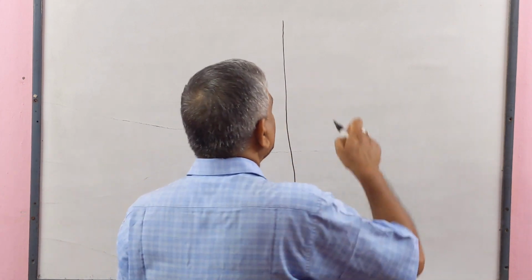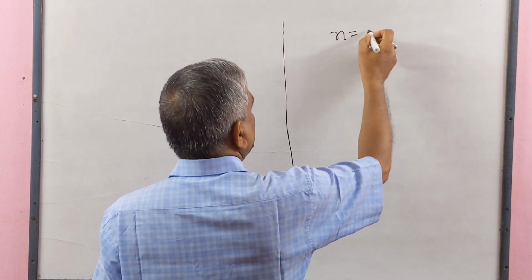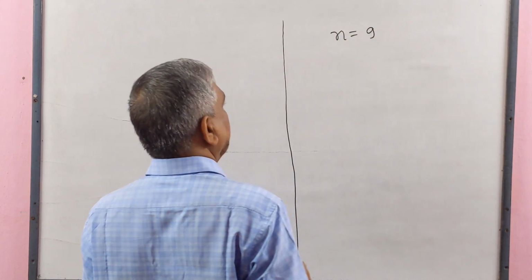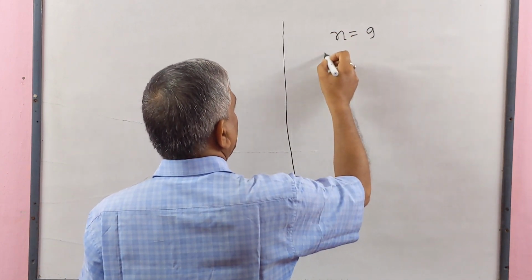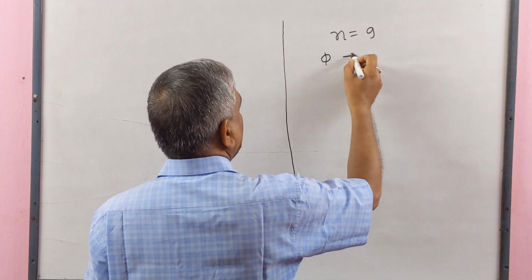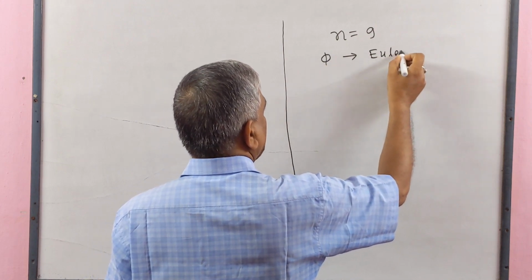Let n equal to 9, a positive integer, and phi be Euler's phi function.